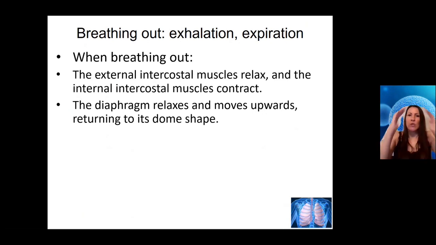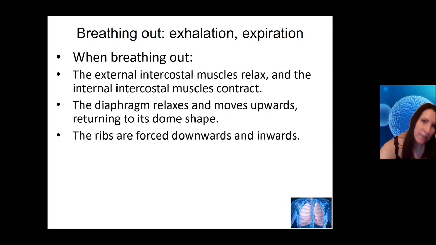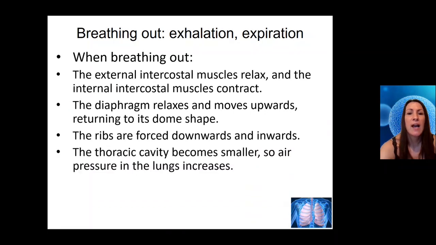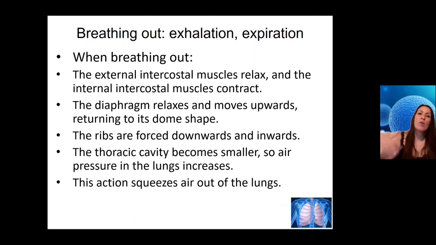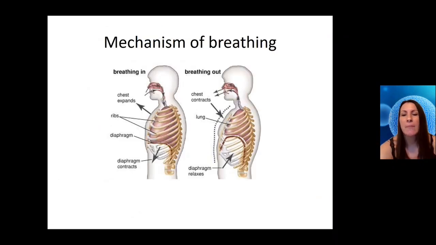The ribs are forced downwards and inwards, and the thoracic cavity becomes smaller. So air pressure inside the lungs increases, and this causes air to be squeezed out of the lungs back into the atmosphere to equalise the pressure.